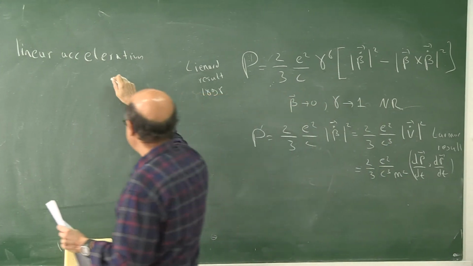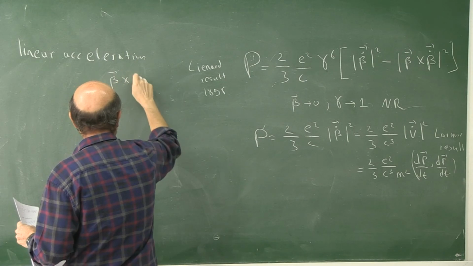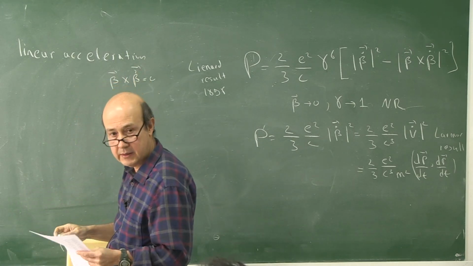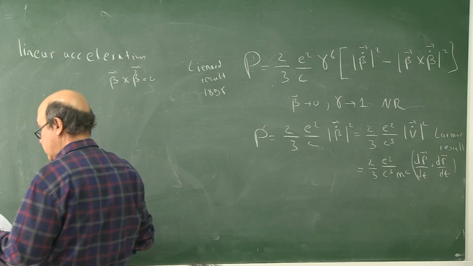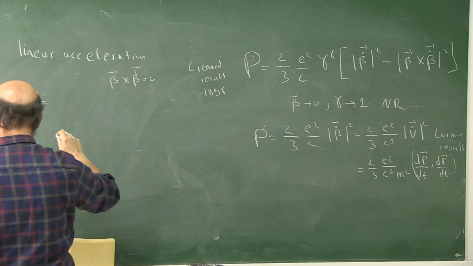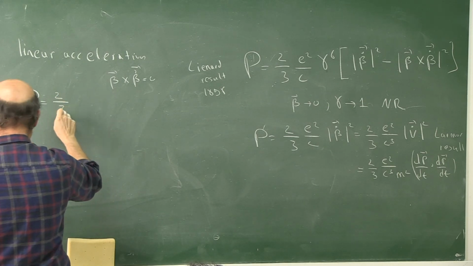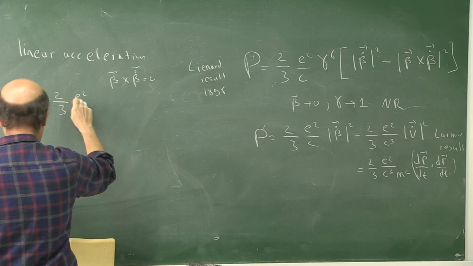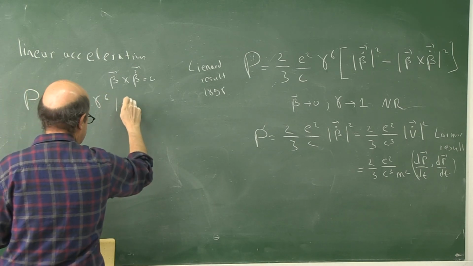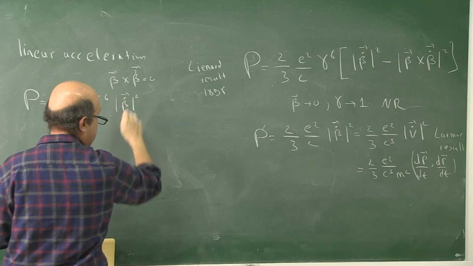The acceleration and the velocity are parallel to each other, and the linear result takes the form of 2 over 3 e square over c gamma to the 6 beta dot square.